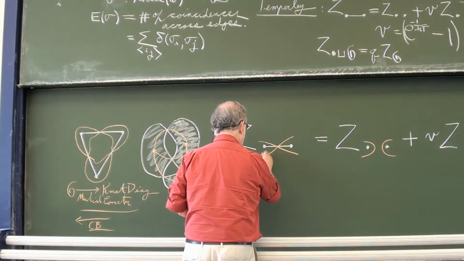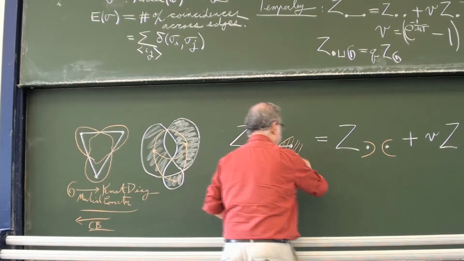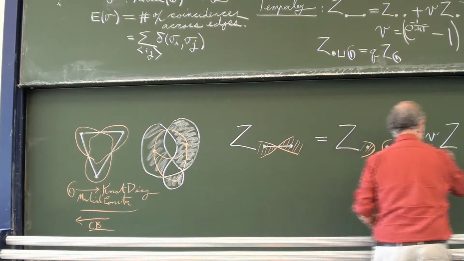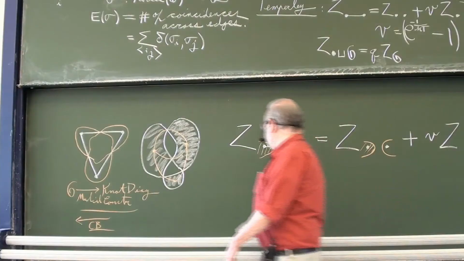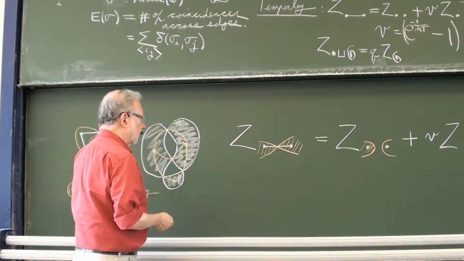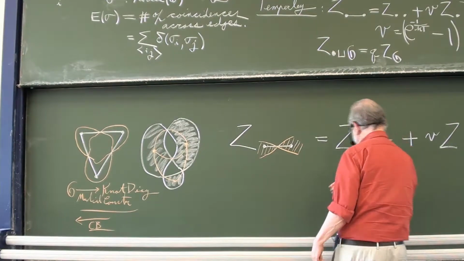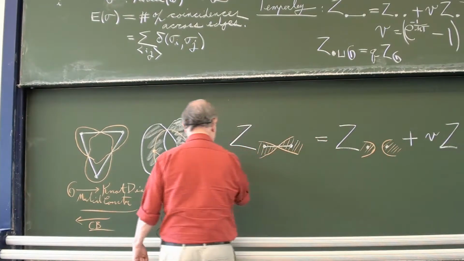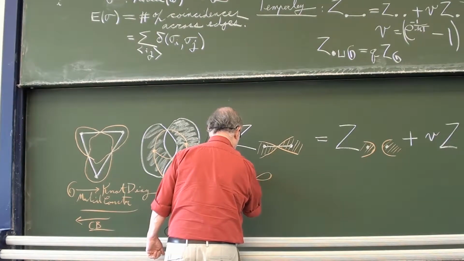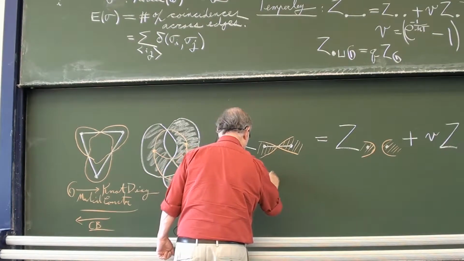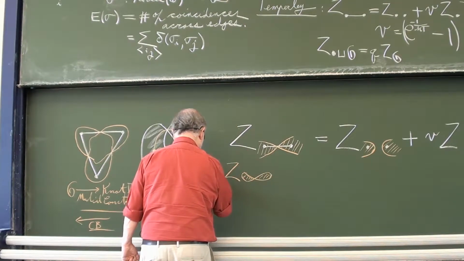If we wanted to keep track of things, we could shade these, and then instead of calculating the partition function on a graph, I could calculate the partition function on a shaded knot diagram, and it would come out the same.